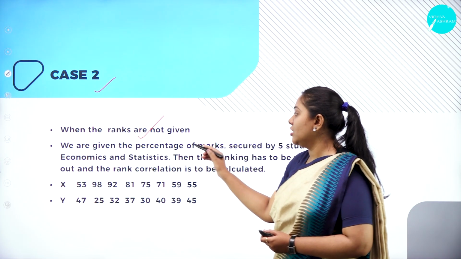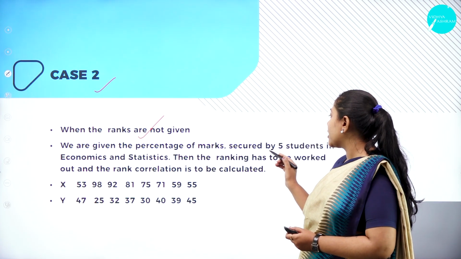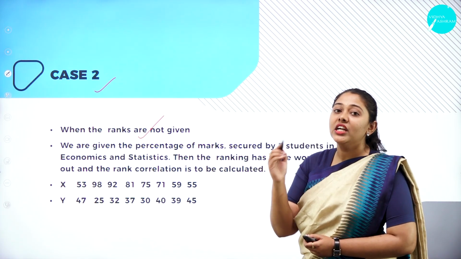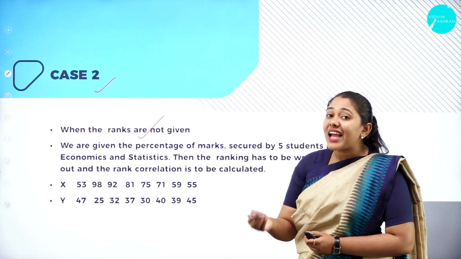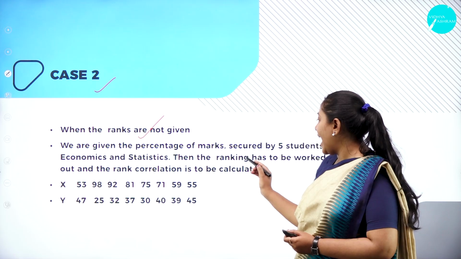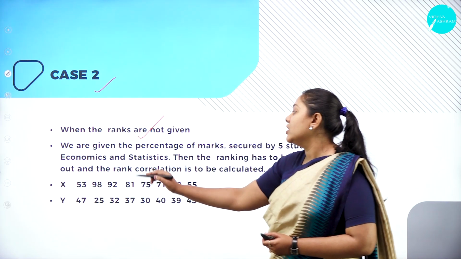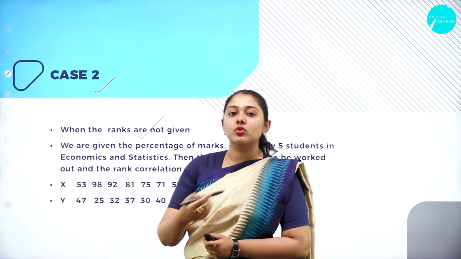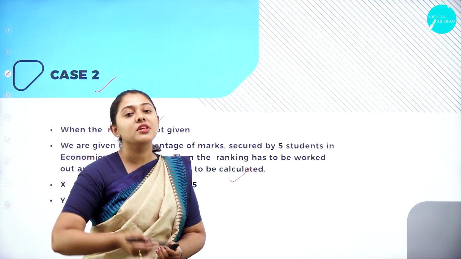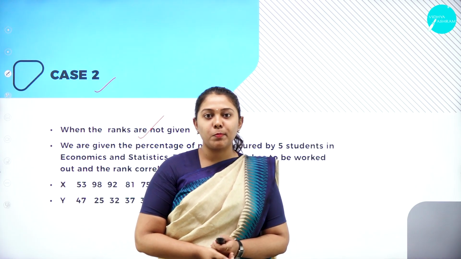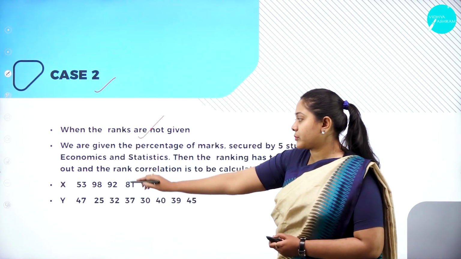We are given the percentage of marks secured by 5 students in economics and in statistics paper. Then the ranking has to be worked out and the rank correlation is to be calculated. So rank is not given. These are the marks scored by the students. What is the data given?